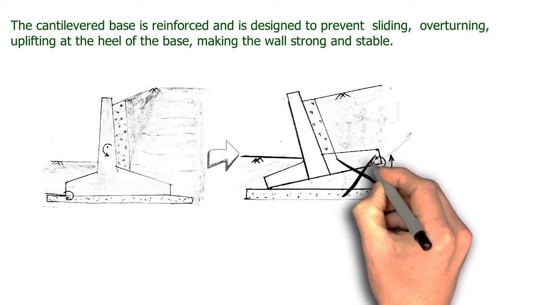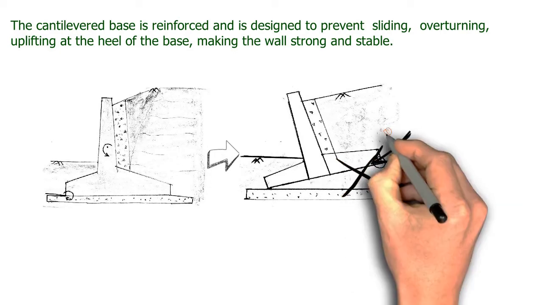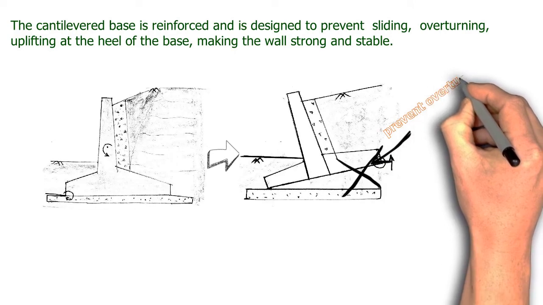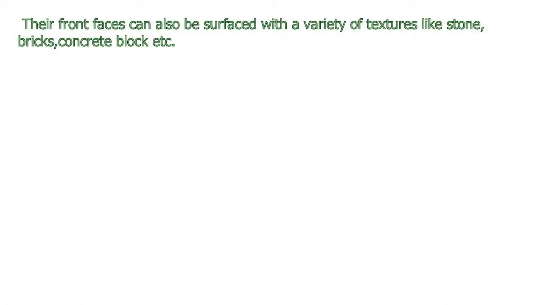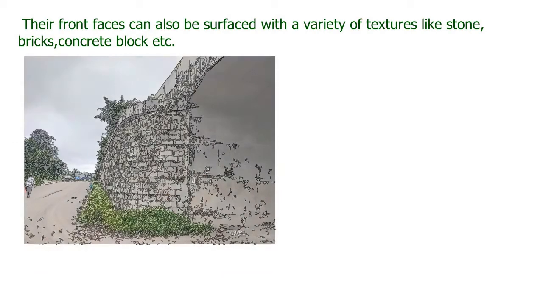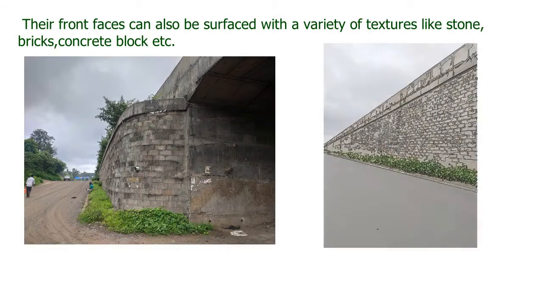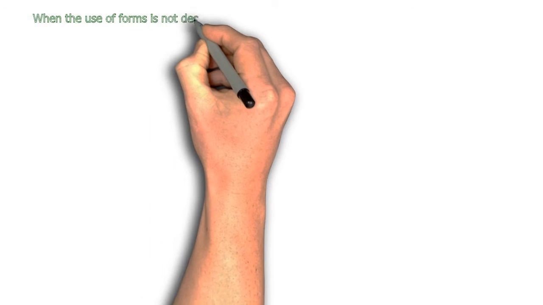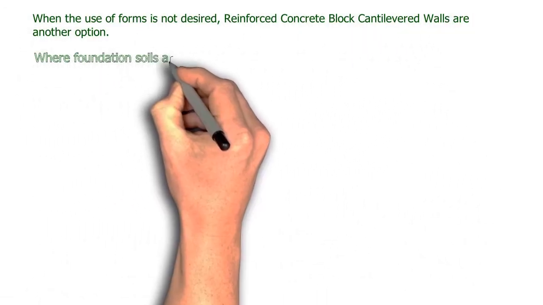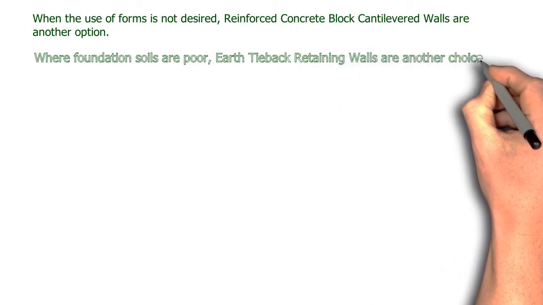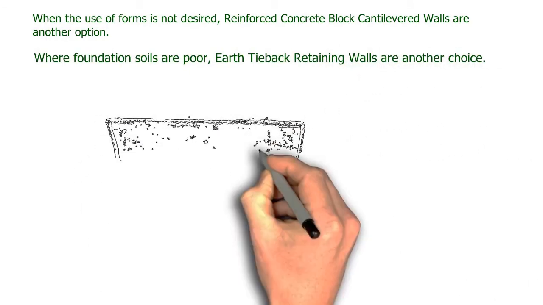The second figure shows the overturning, but it is prevented by providing proper design. Their front face can also be surfaced with a variety of textures like stone, bricks, concrete block, etc. When the use of form is not desired, reinforced concrete block cantilever walls are another option. Where foundation or soil are poor, earthen type retaining walls are another choice.